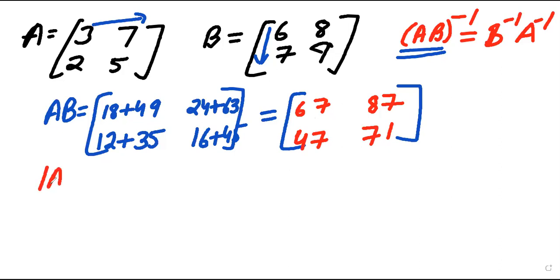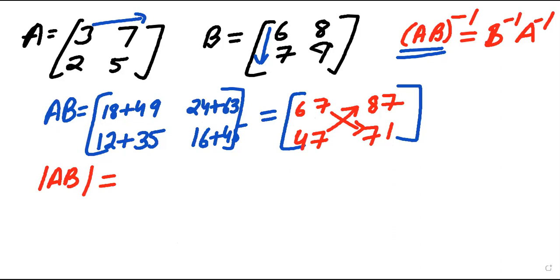That is determinant of AB, which is equal to, here multiply the values, that is equal to this into this minus this into this. Is there any doubt?